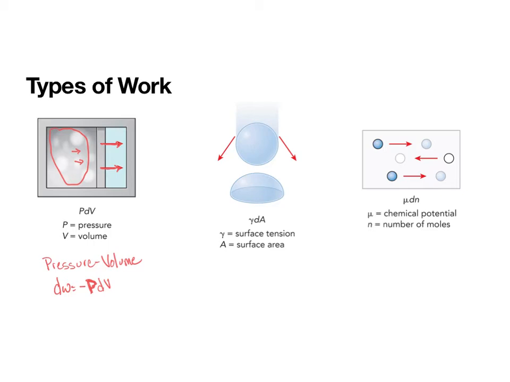But there are more types of work. With surface tension, if we take a drop of water and drop it down onto a surface, it forms a bubble where A is the surface area and gamma is the surface tension. This is a form of work. Chemical potential, this thing that we keep mentioning but not really defining, with the number of moles, is another type of work.